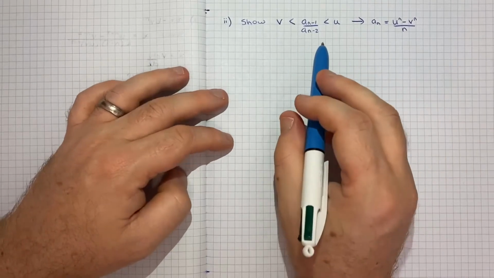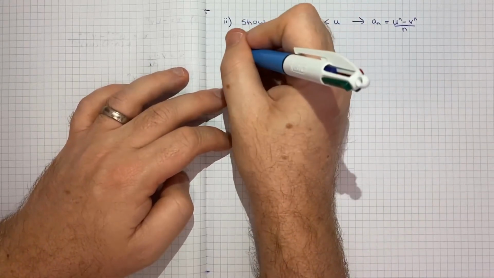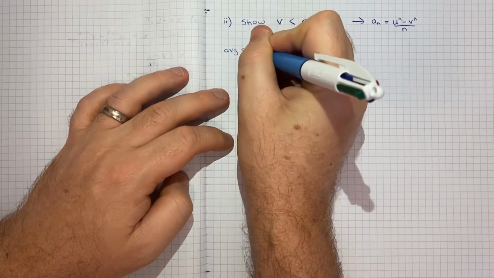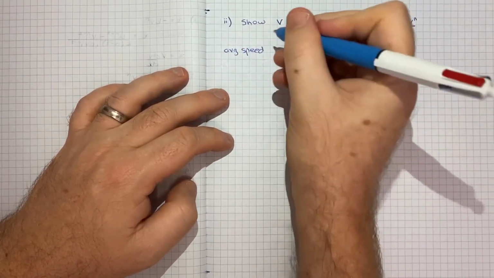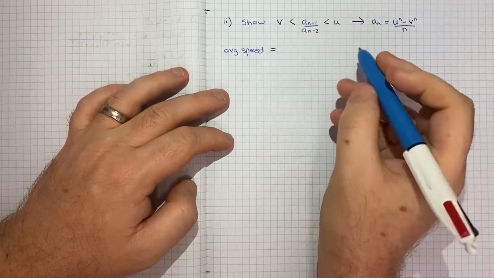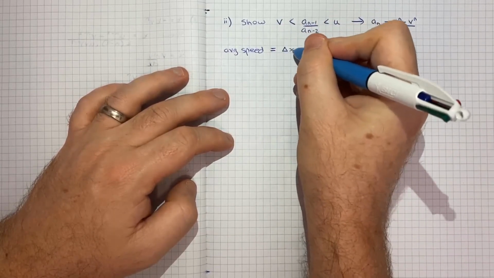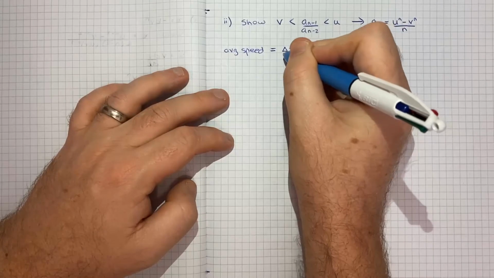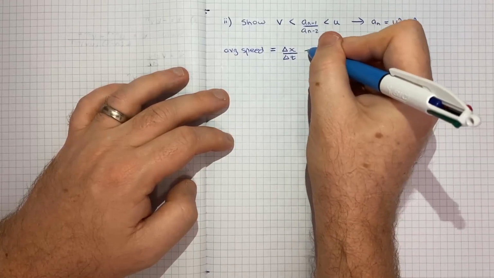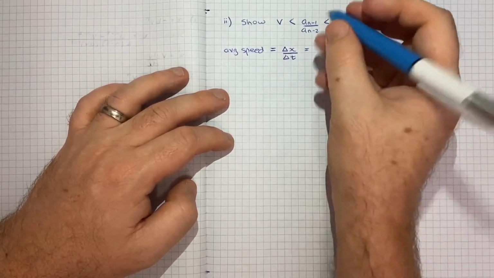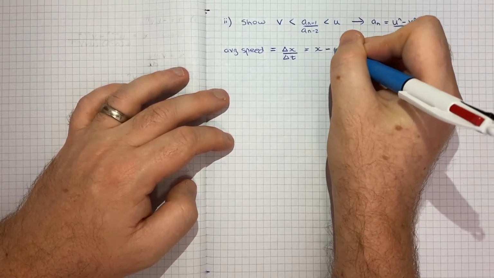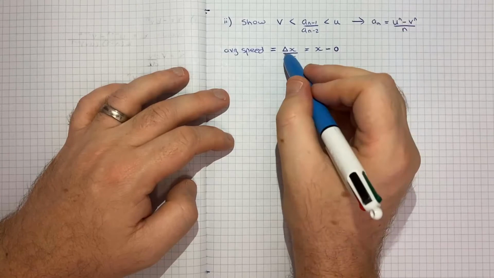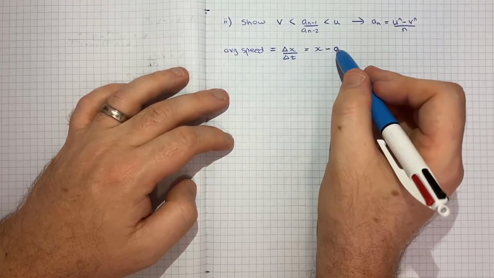Now, one thing we're told is to consider the average speed between the origin and some displacement x. And that average speed would basically be the change in our displacement over a change in time. And given we're starting at the origin, when we're at some displacement x, the change in displacement would be x minus 0.